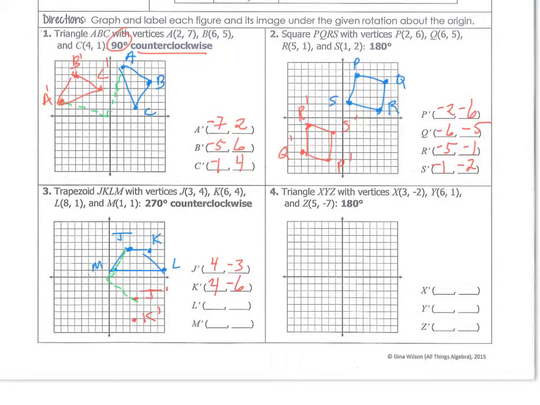What is it? 1, -8. And what is M prime going to be? 1, -1. Good. So 1, -8 puts us here. And that is our L prime. And 1, -1 puts us here. And that is our M prime.